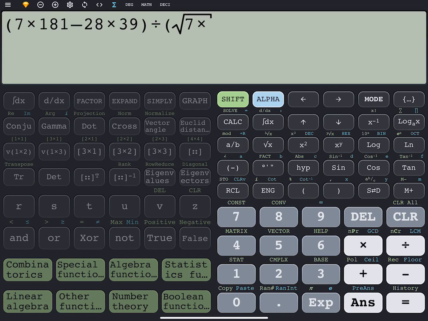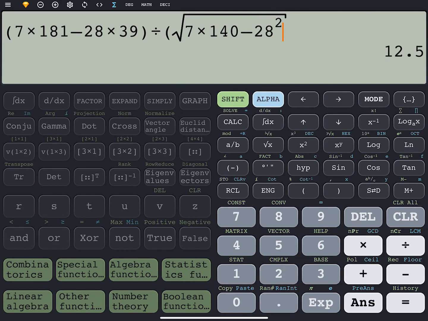Was it 140? Okay, good. Then minus, what's the sum x value? 28. Square that. In this calculator, we're under the radical, so we have to come out with the arrow key, and then multiply that with another radical.